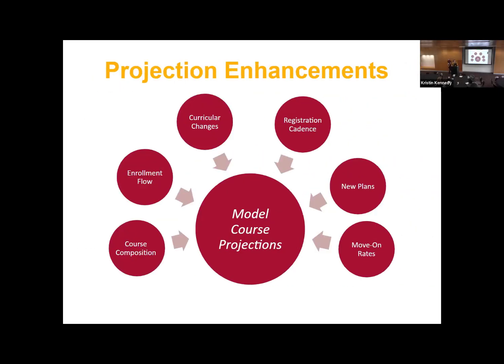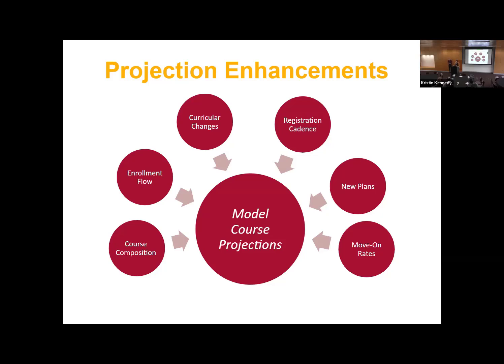So once we have that main model projection, we essentially have numbers. We can say our model would expect this number of students to want to take the course in that term. But the model will never be able to consider every single factor. So we have what we call enhancements that help us fine tune that number throughout the registration season.